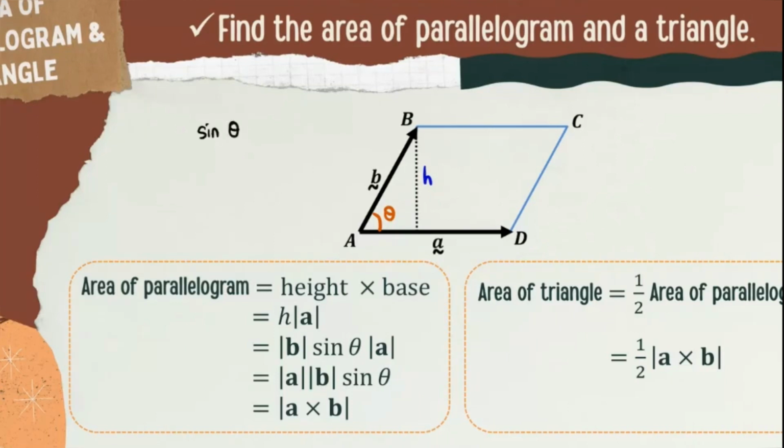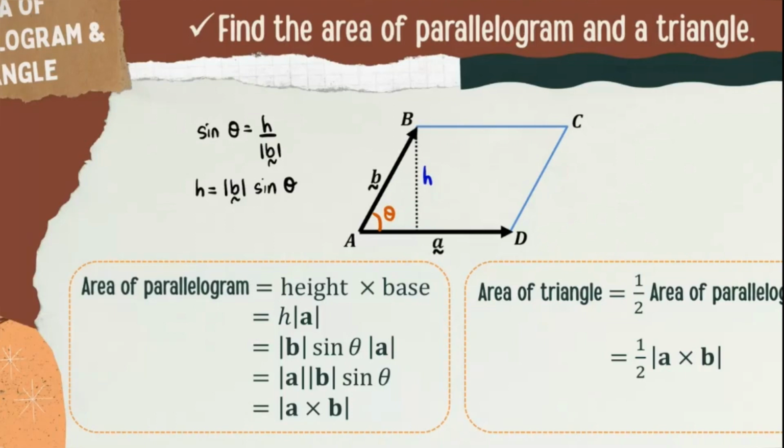theta will be equal to opposite. The opposite to theta is H over the length of B. Length of B means magnitude of B. Okay, so when we rewrite, H will be magnitude of B sin theta.